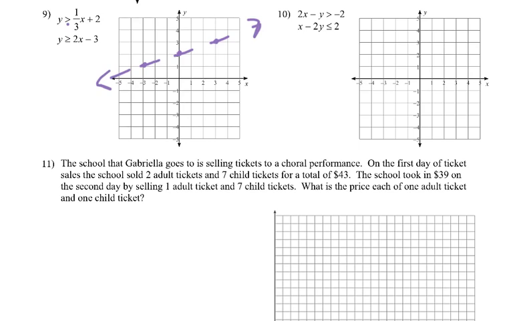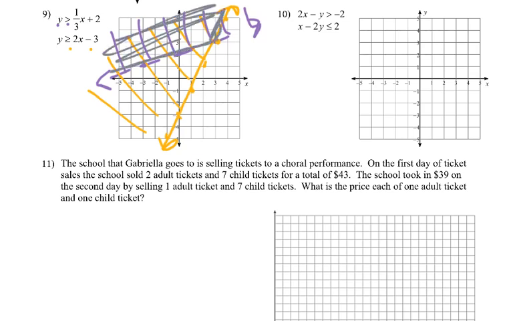The second one, negative 3 to start off, up 2 to the right 1, or down to the left 1. This one has a line under it, so it's a solid line. Y is greater, so we shade above, and y is also greater, so both of them shade above. So again, where they overlap is right here, and that's our solution.